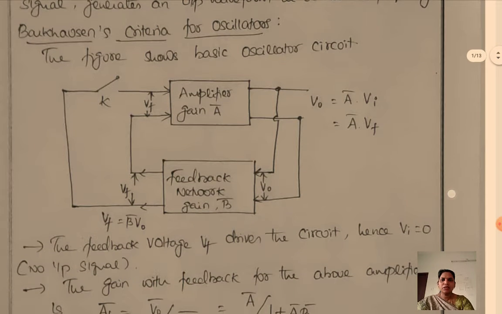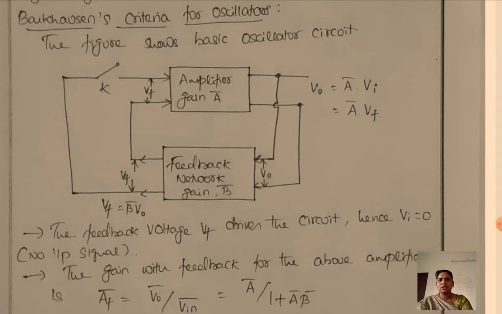Here I have shown a block diagram which consists of an amplifier with gain A, and there is a feedback which is drawn at the bottom. That block is a feedback network block whose gain is represented by beta.